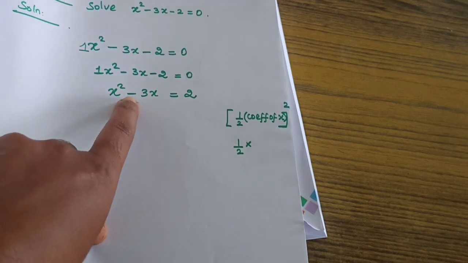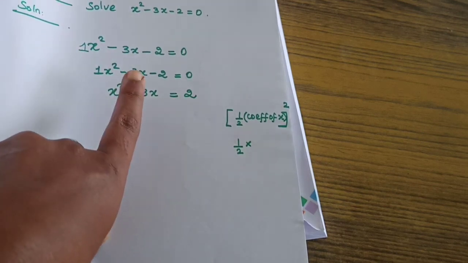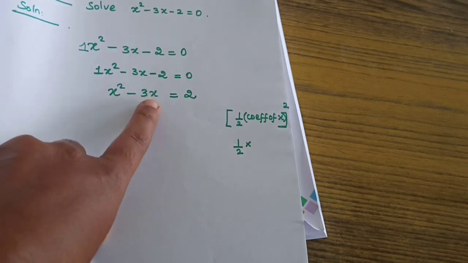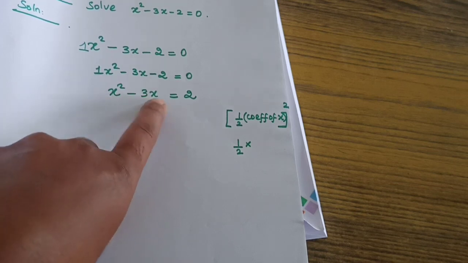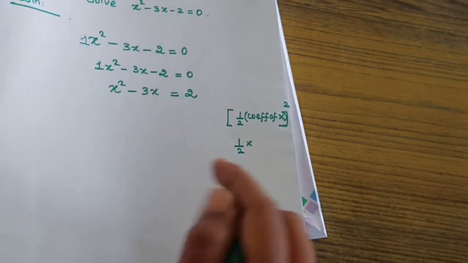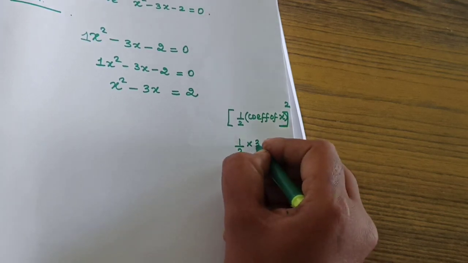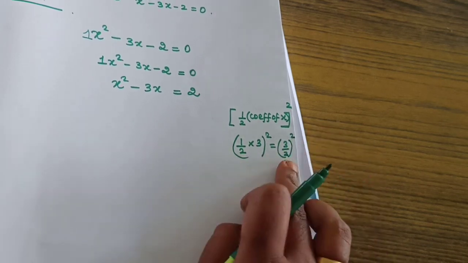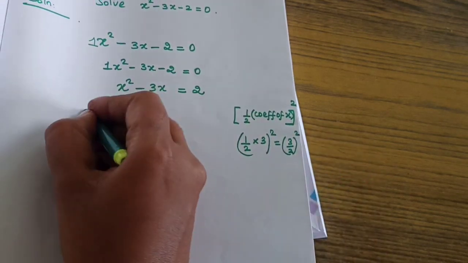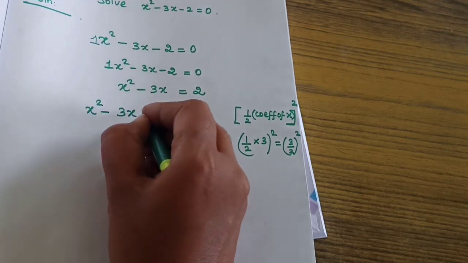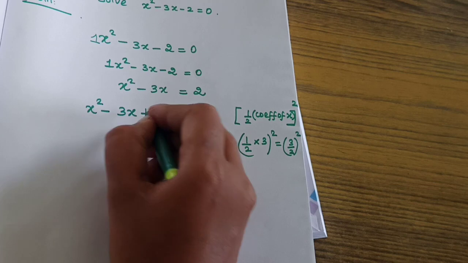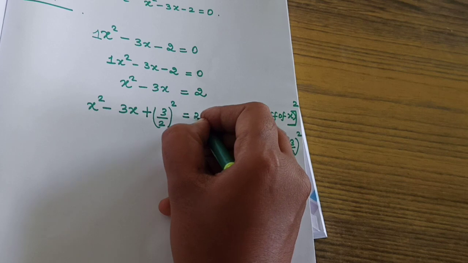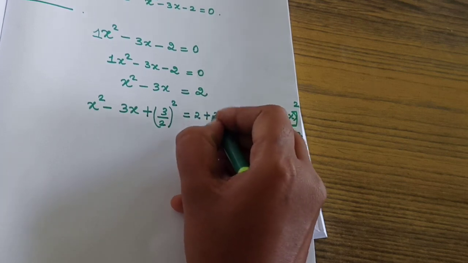No need to take the sign, because the sign we can expand with the a minus b the whole square formula. So the number alone you need to take, that 3. According to this formula, 3 by 2 the whole square. This term you need to add on both sides. So x square minus 3x plus, add means plus only, plus 3 by 2 the whole square. Both sides you need to add: 2 plus 3 by 2 the whole square.